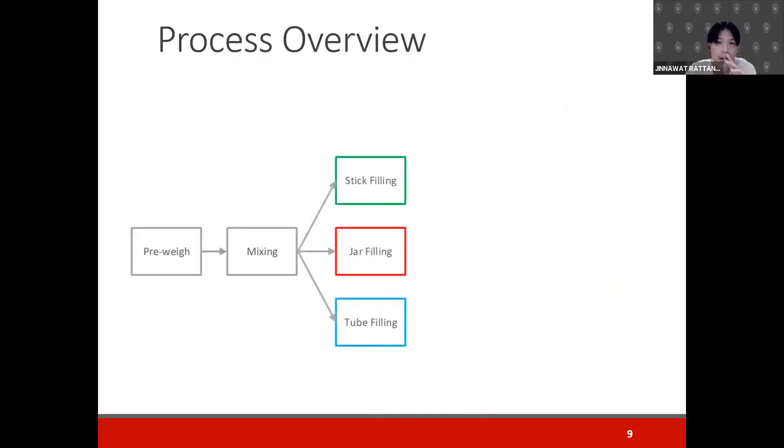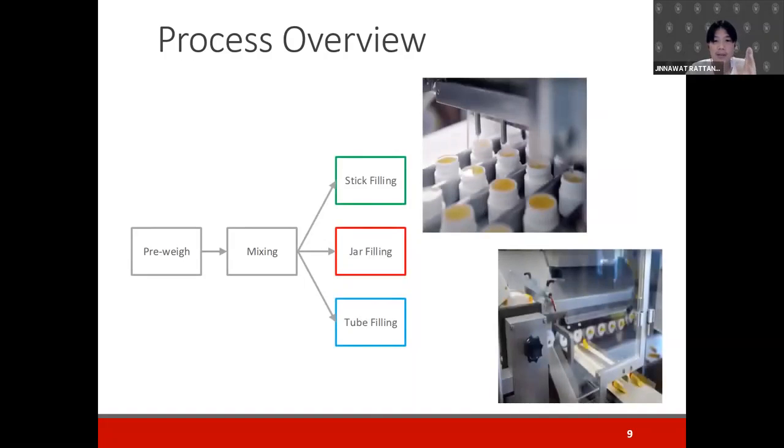So next, there are three types, which are stick filling, jar filling, and tube filling. These are some pictures. The filling process is when they fill their lip balm inside the container.